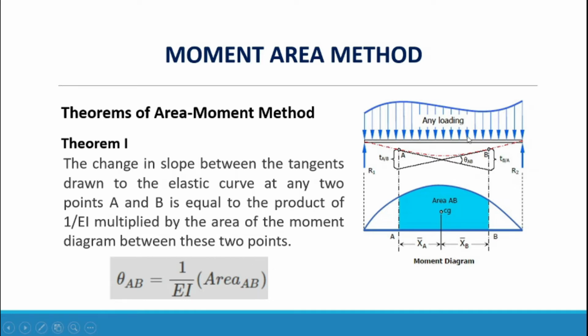So we have the load and the moment diagram. And from point A to point B, based on the moment diagram, the solid blue color is the area from point A up to point B.